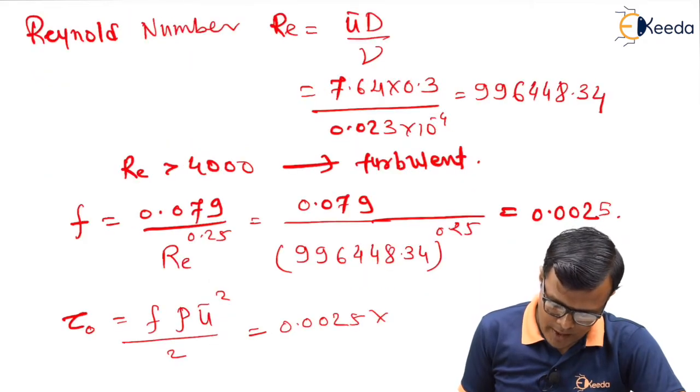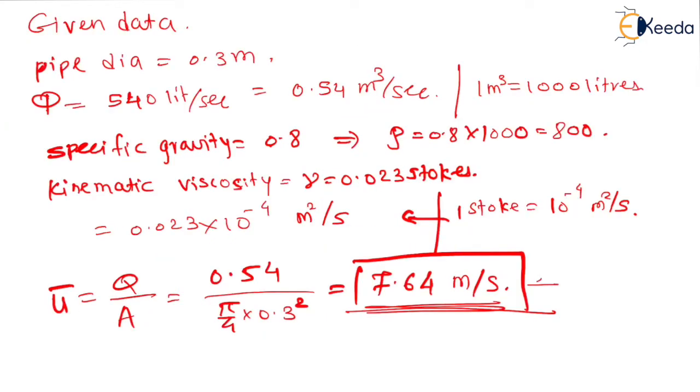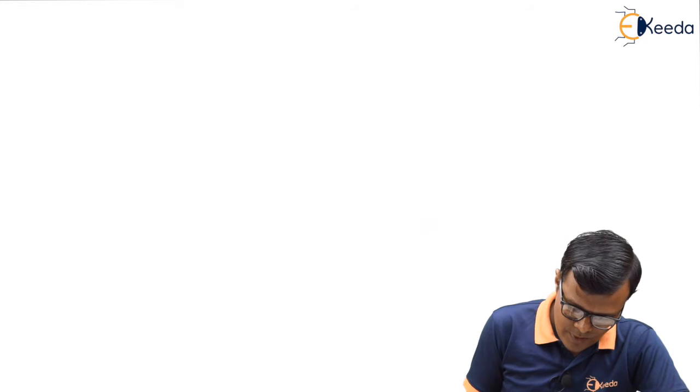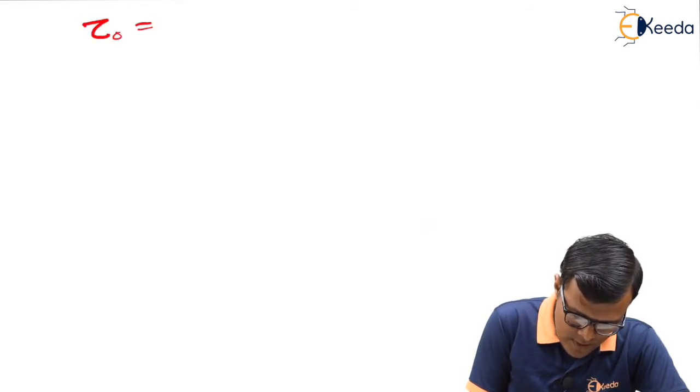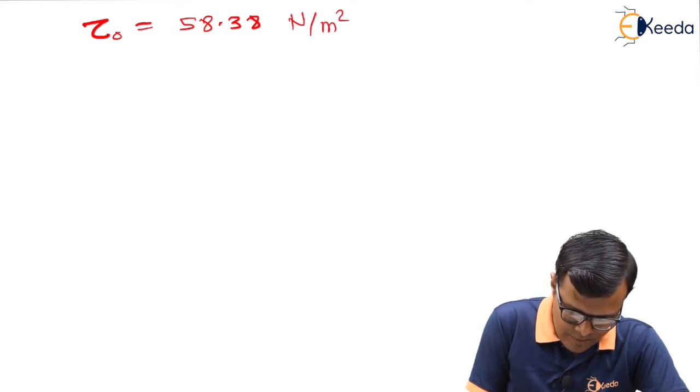So we write the rho value as 800. U bar, the average velocity, we have calculated over here, 7.64 square divided by 2. This tau node is 58.38 Newton per meter square.